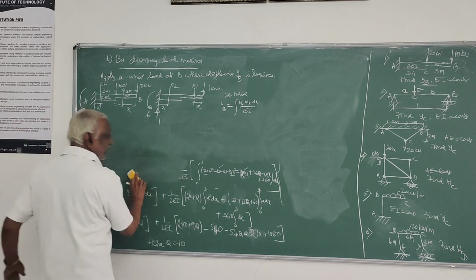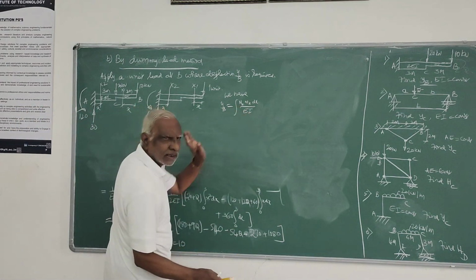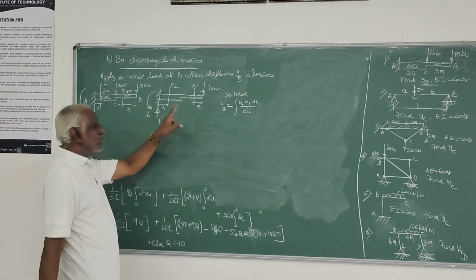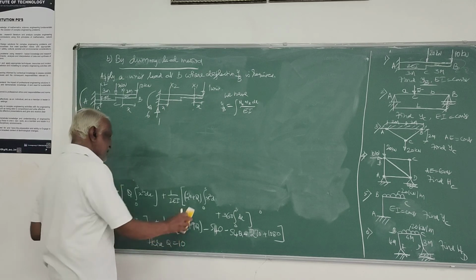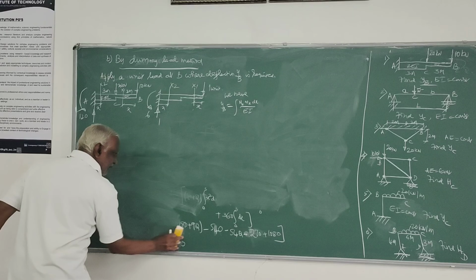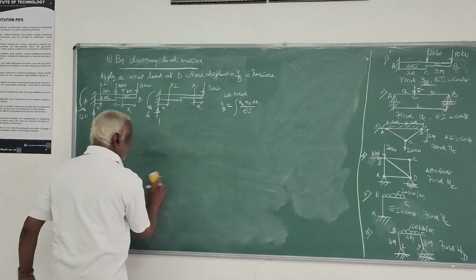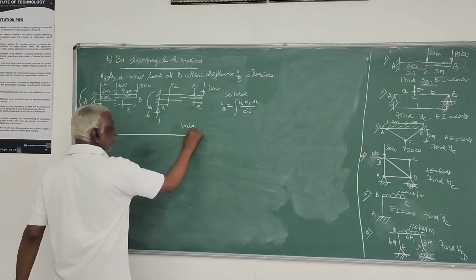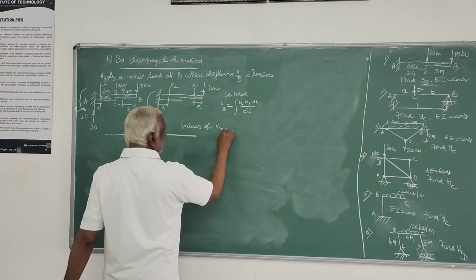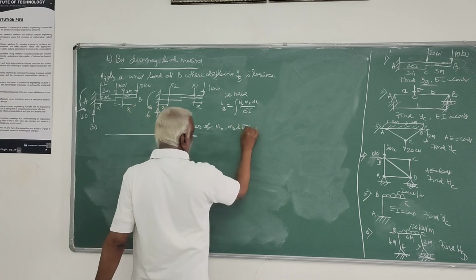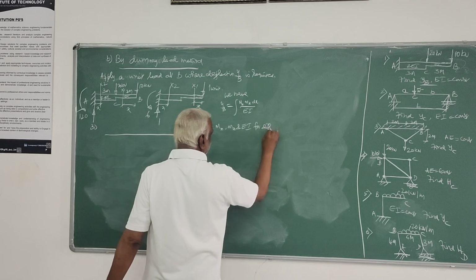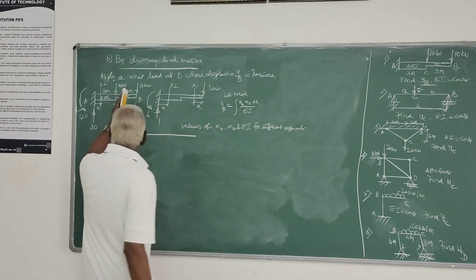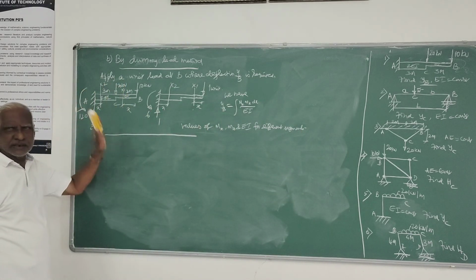You prepare a table, find Mx and small mx. Small mx corresponds to this figure. Capital Mx corresponds to the given load. That's all that changes. Nothing other than that. A similar type of table you can prepare. So values of Mx and EI for different segments of the beam are tabulated as below, because when the moment changes you have to take different segments.